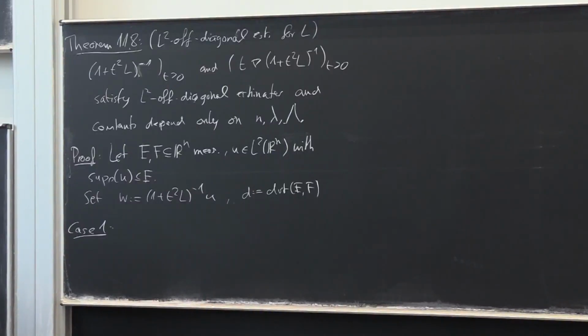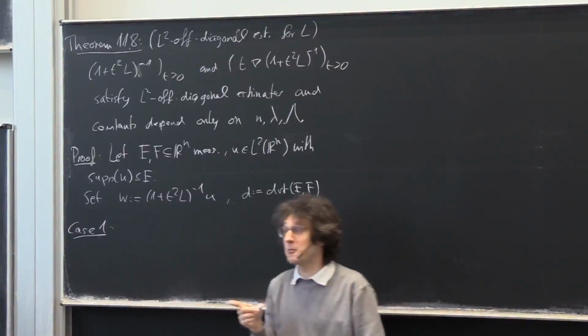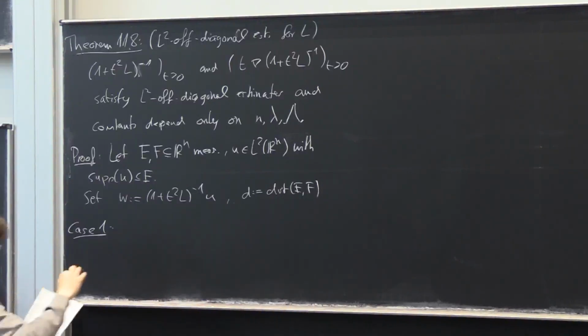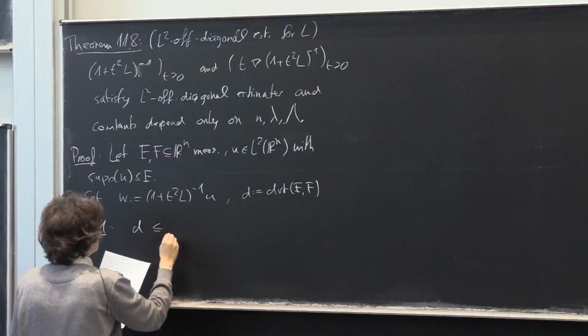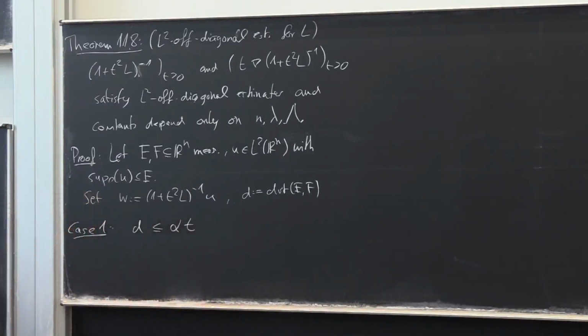So to at the moment still be free where to cut the two cases, and we will see that this parameter will be very precious during the proof, because at one point we can choose it in the right way to make several things disappear. So case 1 is not distance less or equal to 1, but distance less or equal than some parameter alpha, still to be chosen, times t.